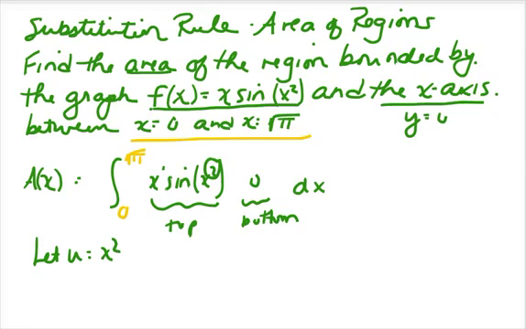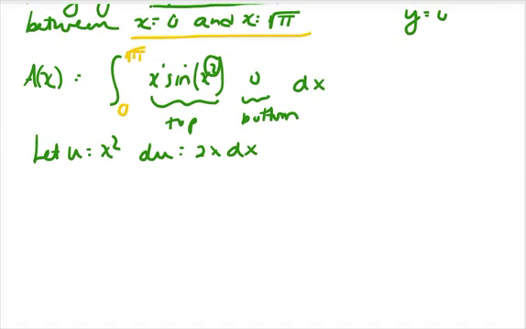So let u equal x squared, du is equal to 2x dx. I'm going to make the necessary substitutions. Hopefully you can jump now to omitting the step with solving for dx. If you can't, solve for dx.